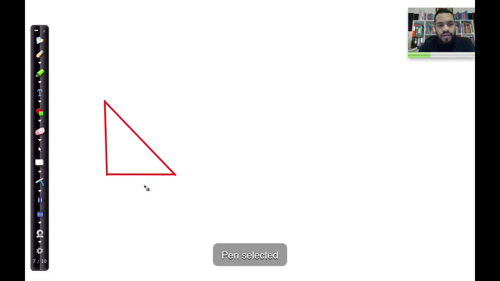Okay, I'm going to make it a little bit smaller so that we can preserve the lengths. I'm going to say this is length 1, this is length 1. Now remember, if the lengths are equivalent, the angles opposite the sides will also be equivalent, which means this side will equal that side, which means this angle must equal that angle. So if this is a right angle triangle, the remaining angles are 45 degrees each.